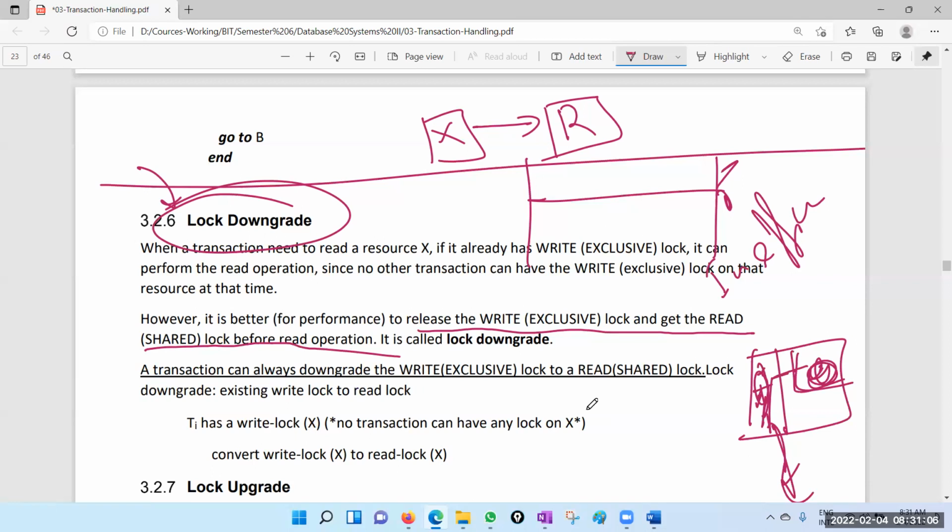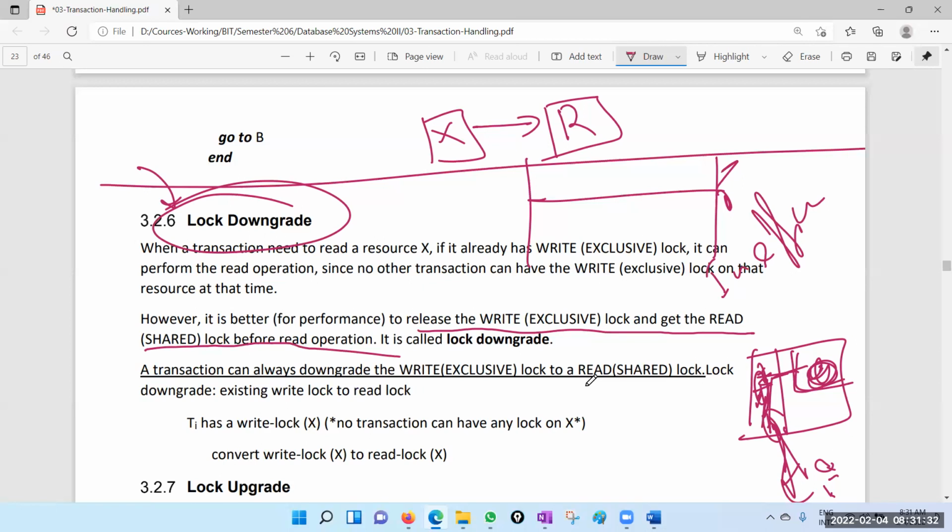Then someone will ask, why do you want to do that? Can't you just do everything while you're having the write lock? Then it's inefficient, because once you downgrade to a read lock, others waiting for a read lock can also get in and do their tasks. So we always facilitate that, so that every opportunity is given for other transactions to do their activities.